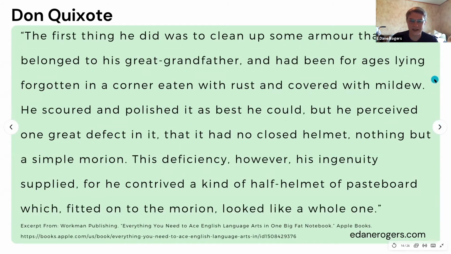Okay, so let's keep going. We've got one more paragraph to read about Don Quixote. The first thing he did was to clean up some armor that had belonged to his great-grandfather and had been for ages lying forgotten in a corner, eaten with rust and covered with mildew. He scoured and polished it as best he could, but he perceived one great defect in it, that it had no closed helmet, nothing but a simple morion.